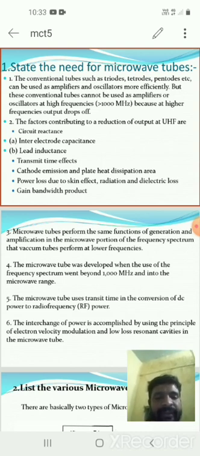And these tubes are developed for the frequency spectrum above 1000 MHz or 1 GHz in the microwave range.